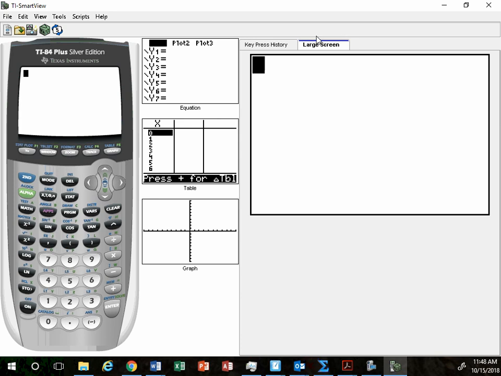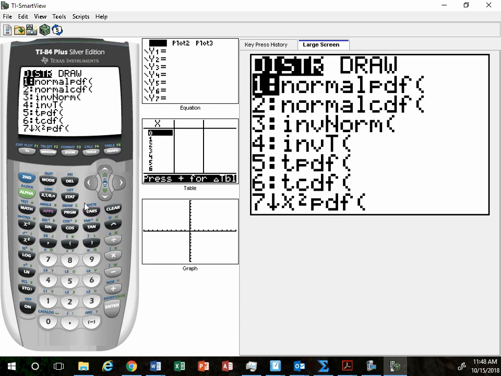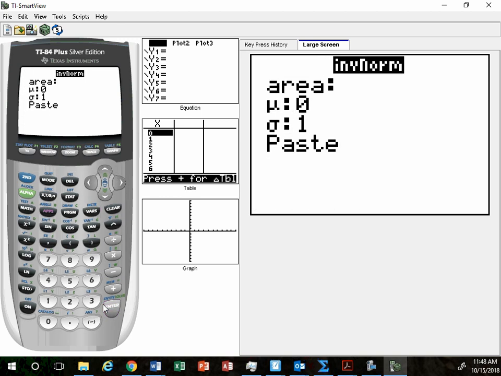Second bars. Okay. All right, inverse norm. Okay, and let's look at what it asked me. All right, the area. So let's think about this. We're going to do it for the 95%. Remember, 95% was in the middle. How much did that leave in each tail? 2.5%. That's what you're actually going to put for the area.